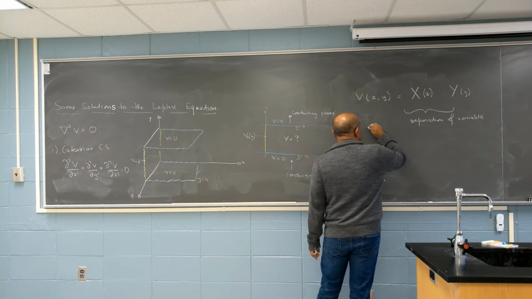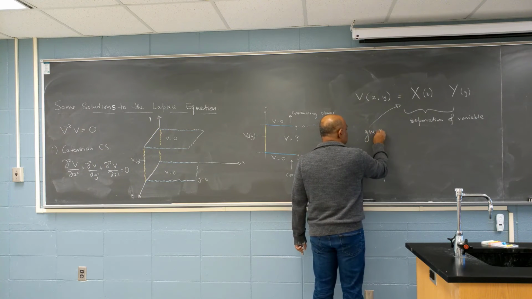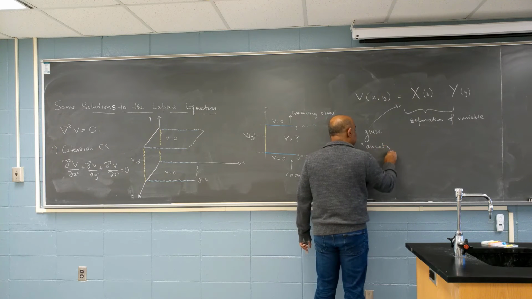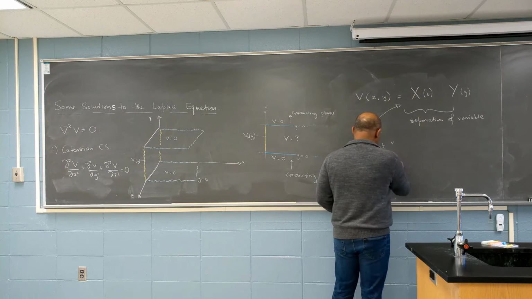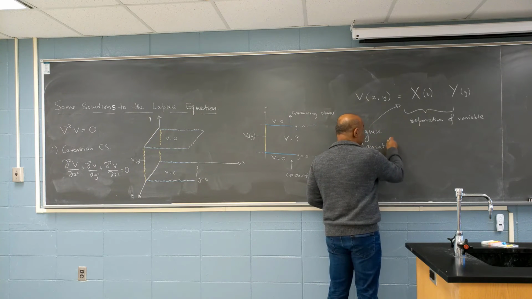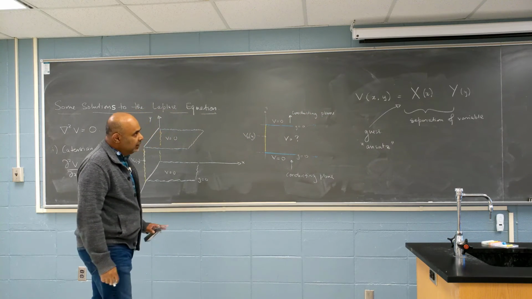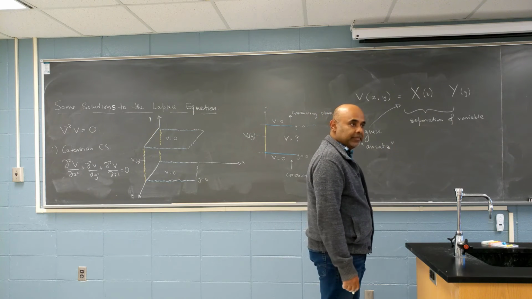So this is a guess, an ansatz. I don't know the exact meaning of the word ansatz, but the term is used to mean precisely guess. So we're guessing that the solution can be written with the variables separated.